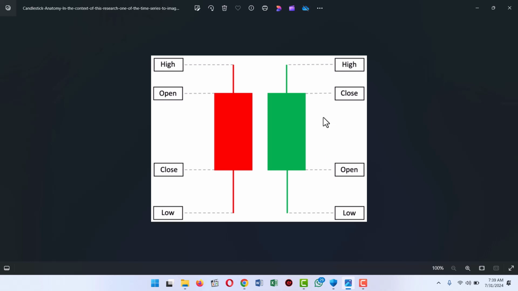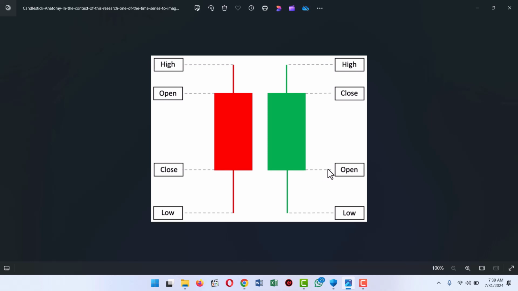And each candle has what we refer to as the opening price, so where the price opens for the day. Now, depending on the time frame you're on, we have different time frames. You have a 1 minute time frame, you can have a 15 minutes time frame. So depending on the time frame you are on, you have the open for that time frame.